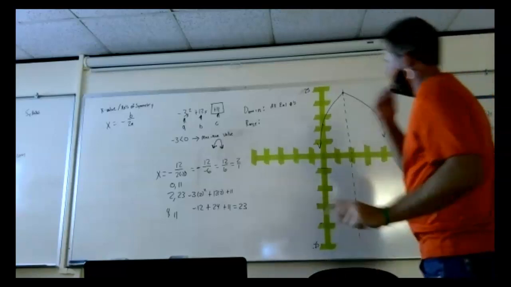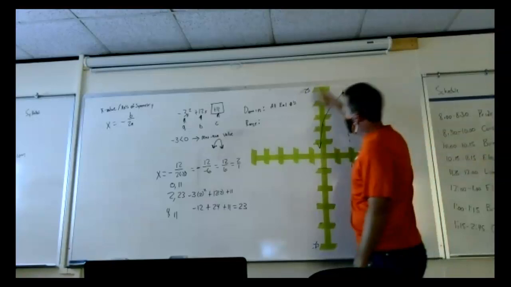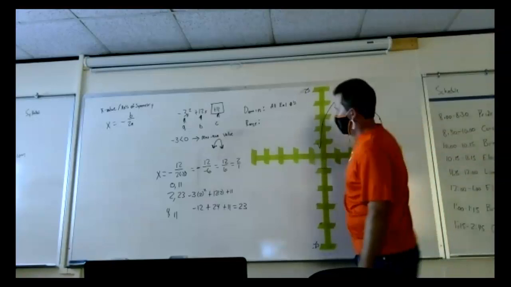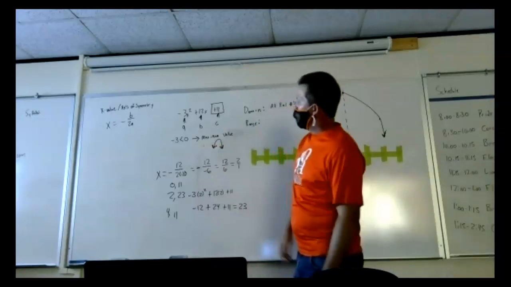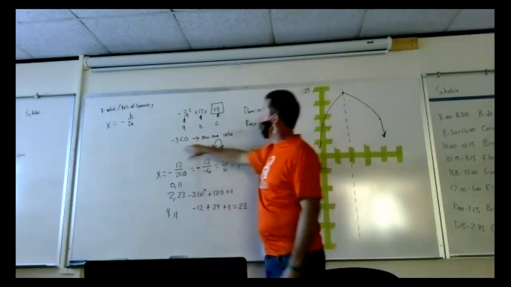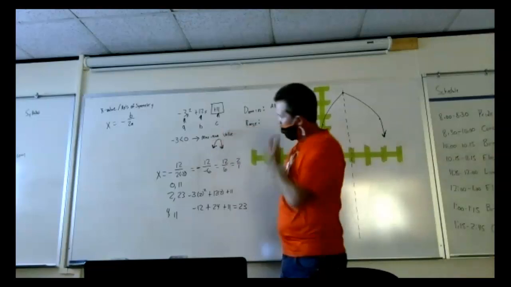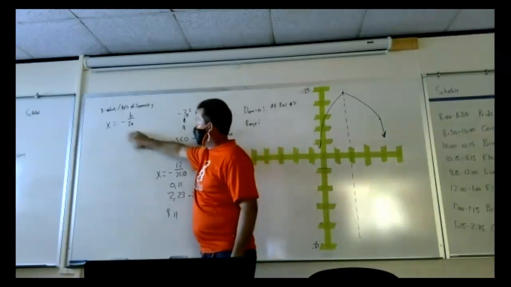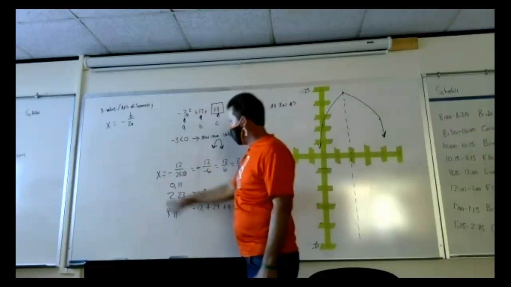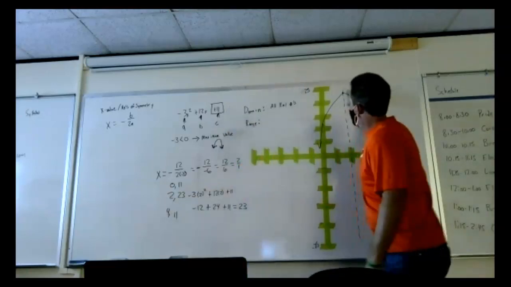Okay? But now we have to consider the range. It's all the possible y values. This is where your maximum and minimum comes in. Remember, we had a negative a value, so we said that we're going to have a maximum value because our graph opens down. We found our vertex using our equation negative b over 2a, and we found that our vertex is at (2, 23), way up here.